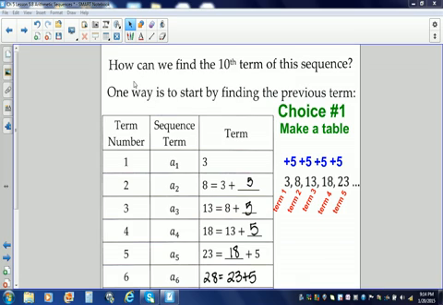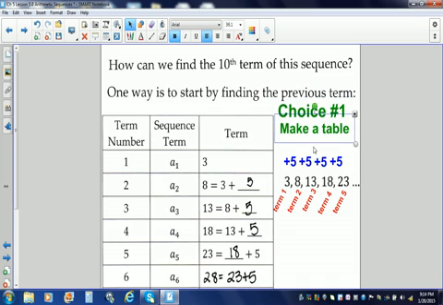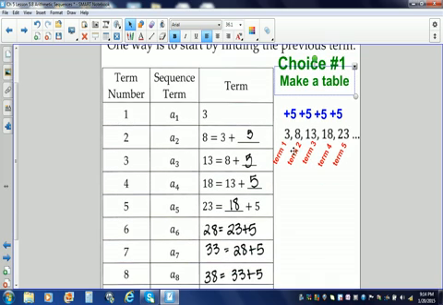If you're asked to find the 10th term in this arithmetic sequence, choice number 1, you could make a table. I see that each term goes up by 5.